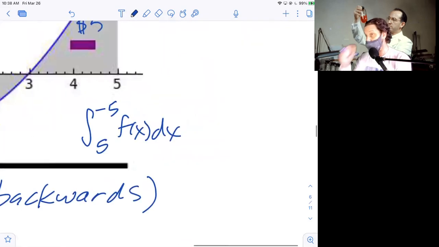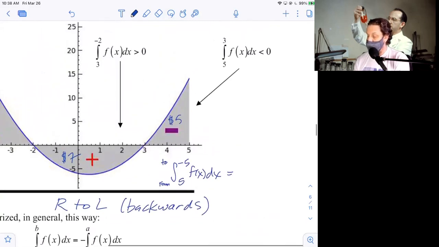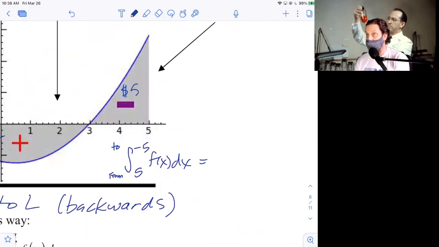Okay, and again, it's important to look at your intervals of integration on your definite integral. We read this again as from to. So if we're going from 5 to -5, that's backwards, isn't it? So let's see. What kind of 5 is it going to be over here? Well, it's above, which is normally positive, but because we're going backwards, it's going to be a -5.